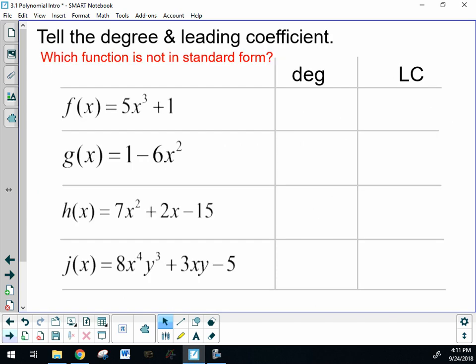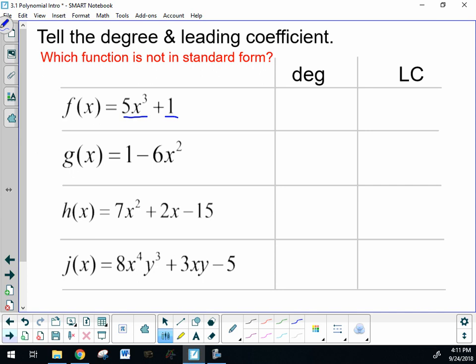So let's look at some examples. For this polynomial f of x, it's a binomial. It has two terms. The term right here has a power of 3, and the second term has a power of 0. It has 0 powers of x there.